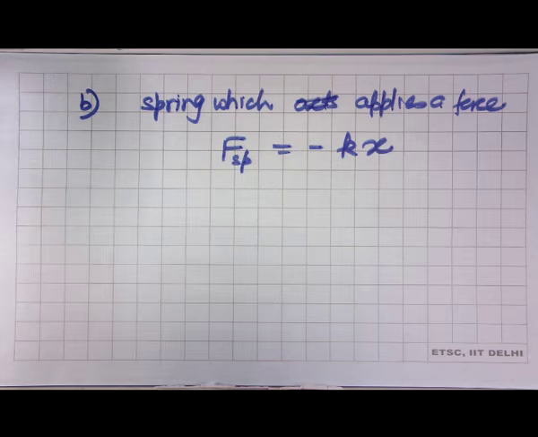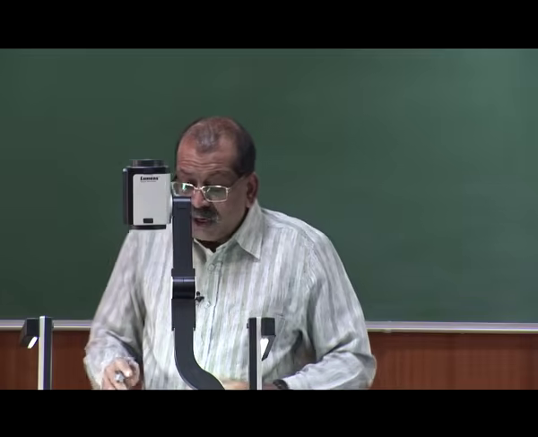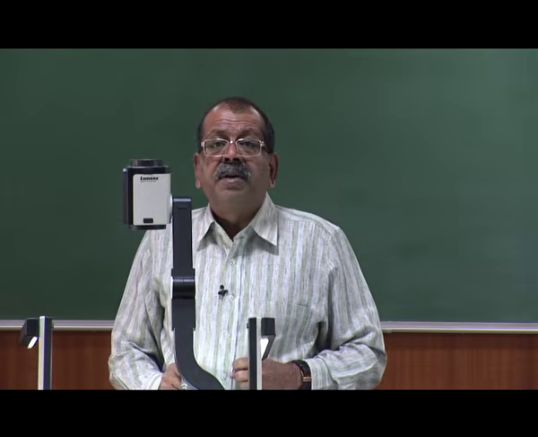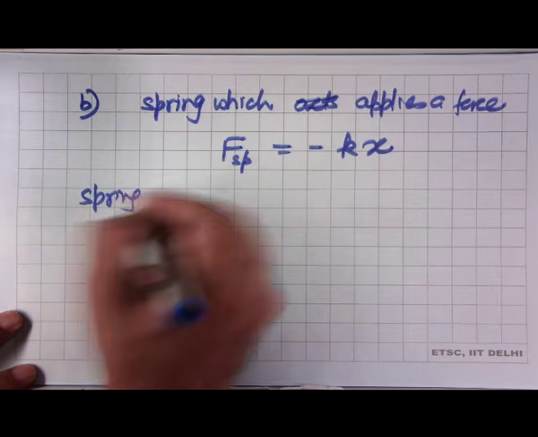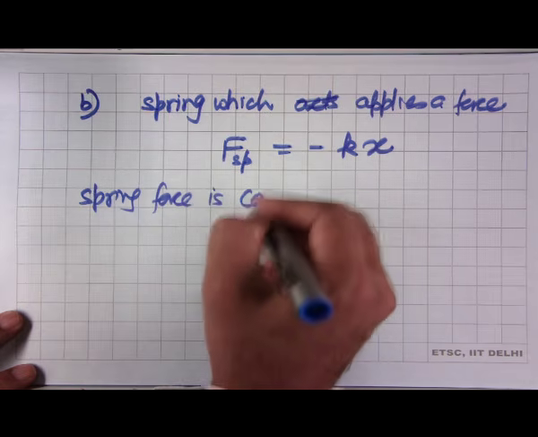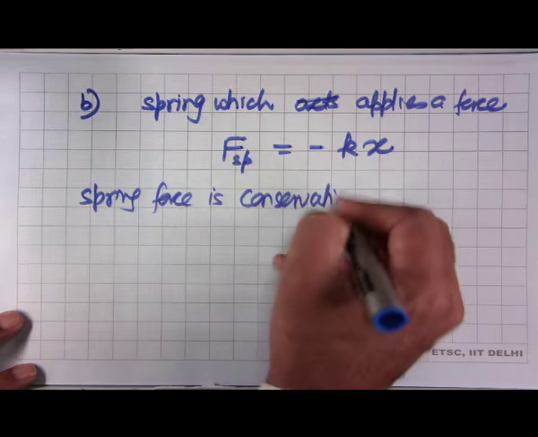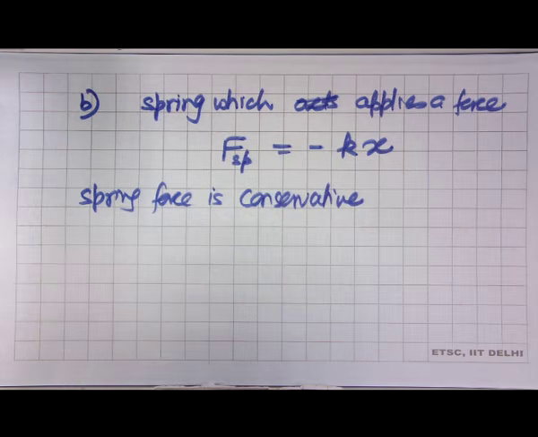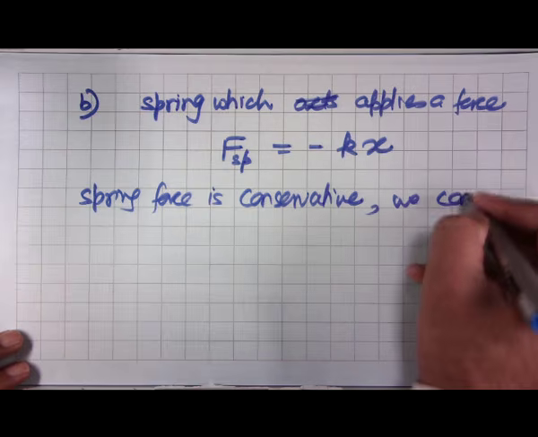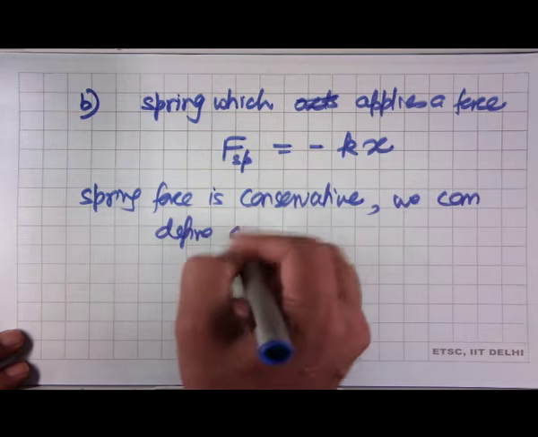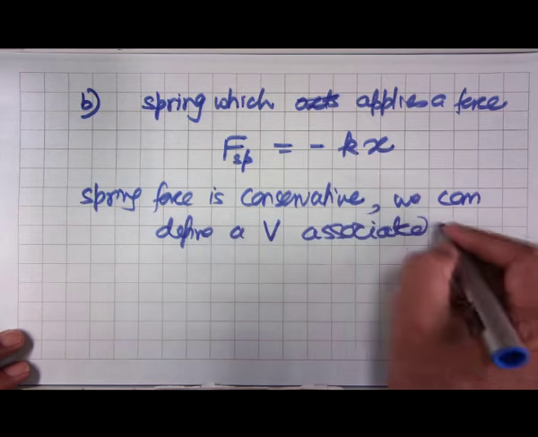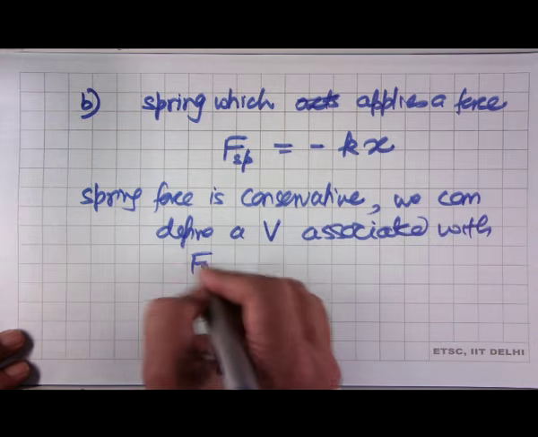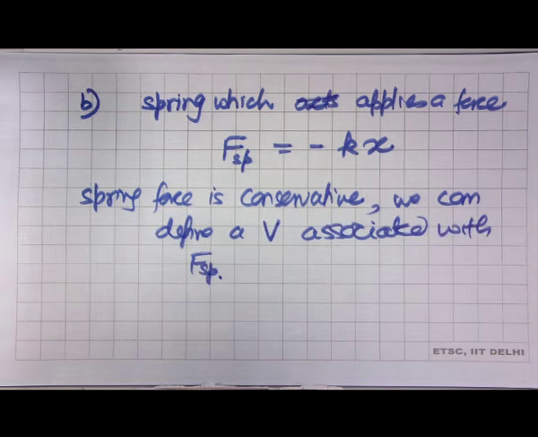If the spring is such that the force is proportional to the displacement of the spring, then such a spring force is conservative, and we can define a V associated with this spring force. And how do we do that?